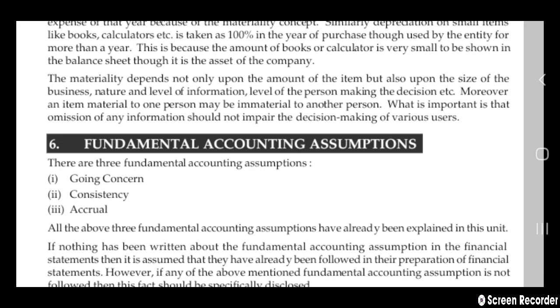What is important is that omission of any information should not impair the decision making of the various users.